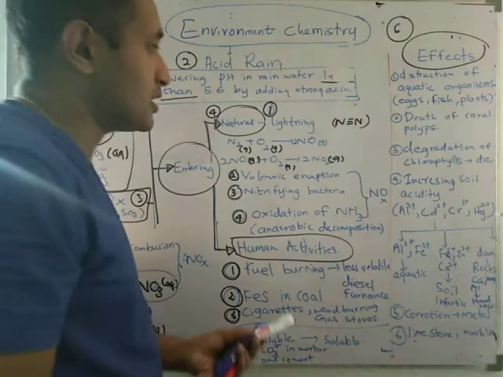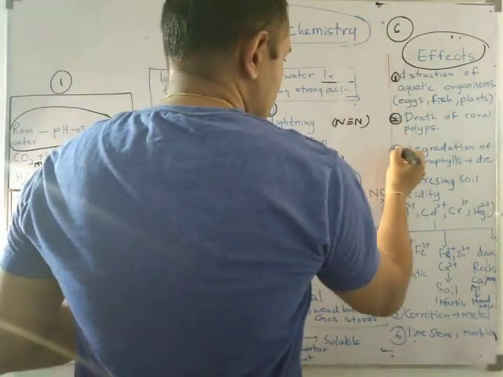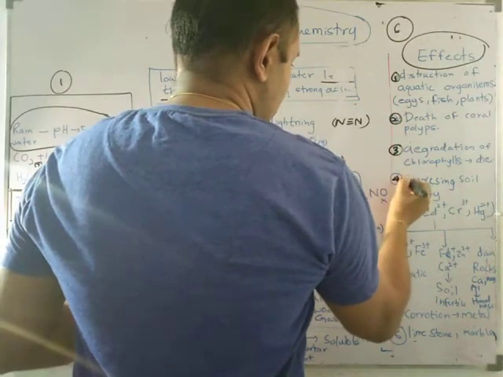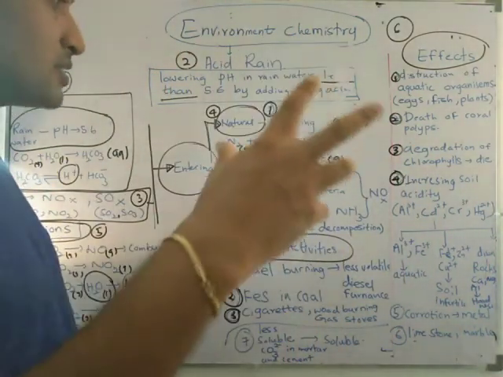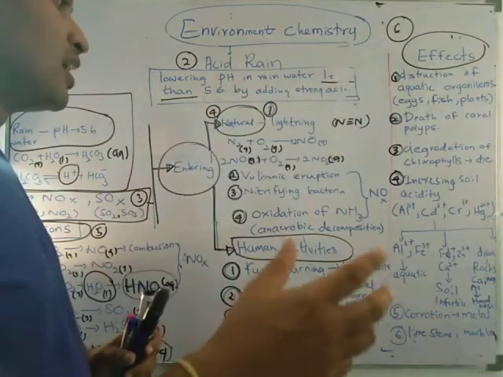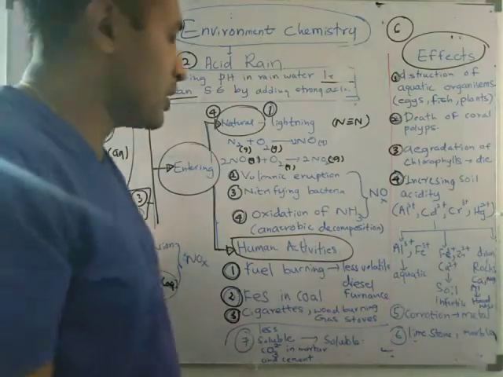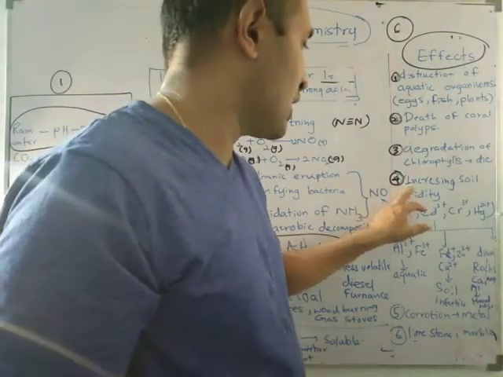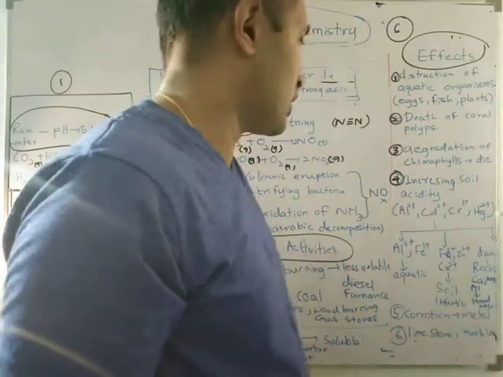So that is the third effect. Second one, third one, and then we are coming for the fourth one. What is that? You know that acid rain contains a relatively high amount of H+. Because of that, it increases the soil acidity and decreases the pH value of the rainwater.